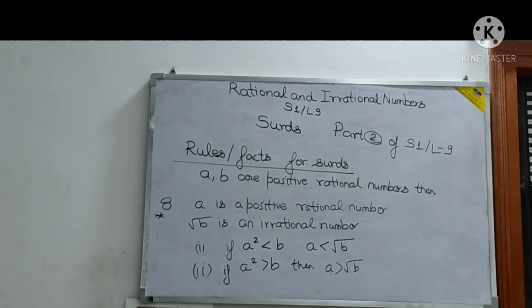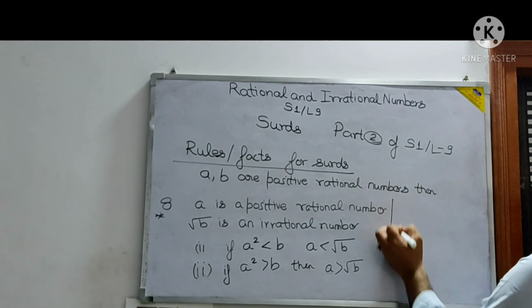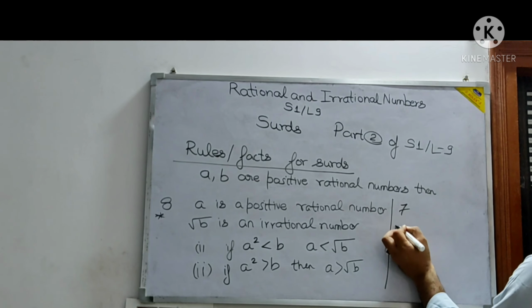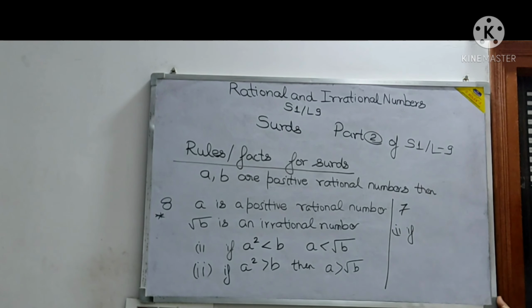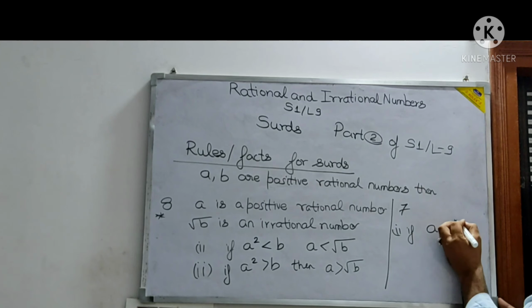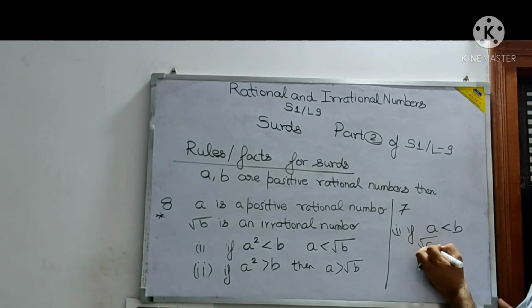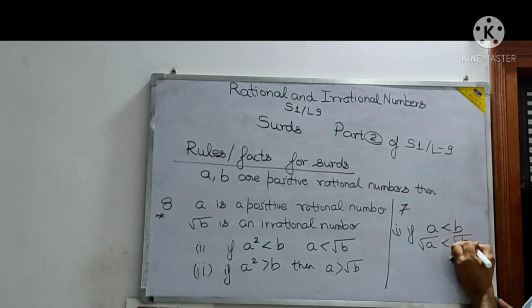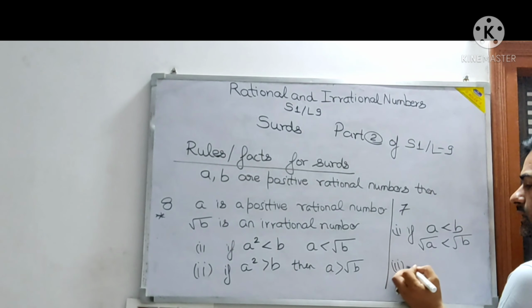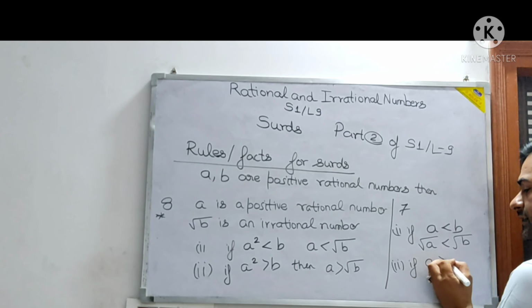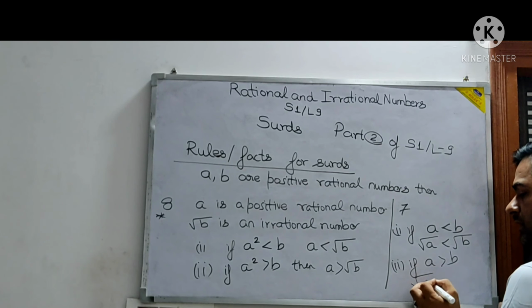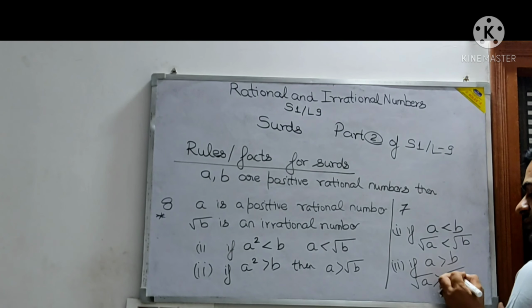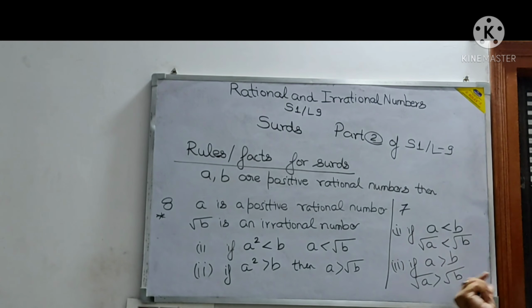So what was the 7th rule? If A is less than B, then root A also will be less than root B. And the second case: if A is more than B, then root A also will be more than root B. Nothing new, only if this is true, this also will be true.